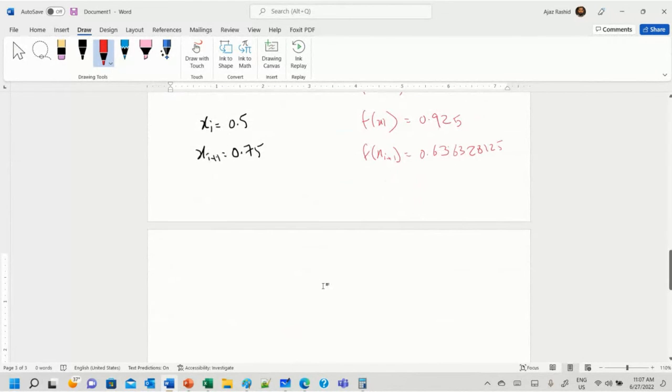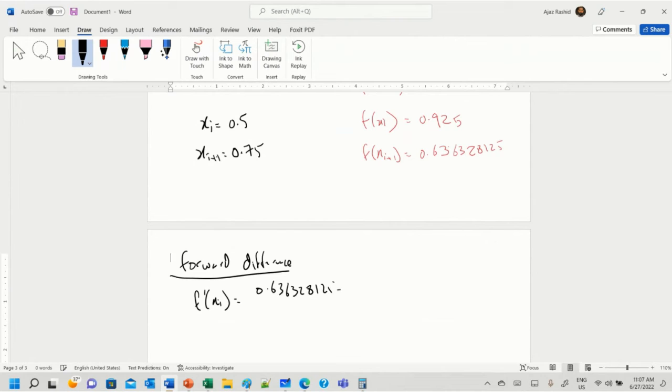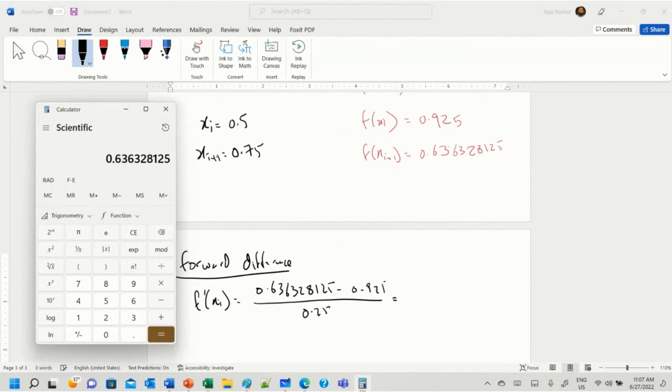So those are the values, and then I can find the forward, the backward and the center difference values. The forward difference is 0.636328125 minus 0.925, divided by the step size, which is 0.25. So this value minus 0.925, divided by 0.25.